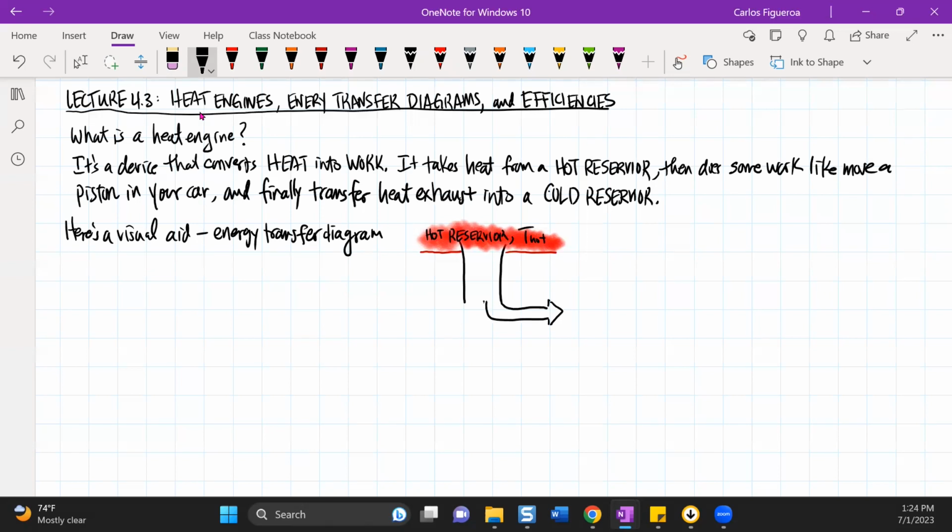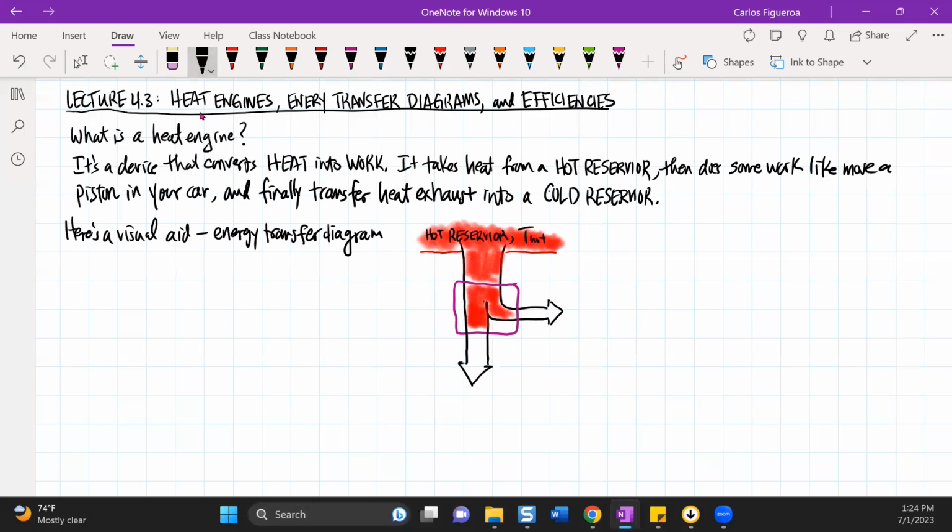And so the way you do that is that you have an engine. So if I look at my engine, it's going to look something like this. And so what you're seeing here is that the width of this is now being transferred into two places. So all of my heat from the hot reservoir is now being divided into two places.